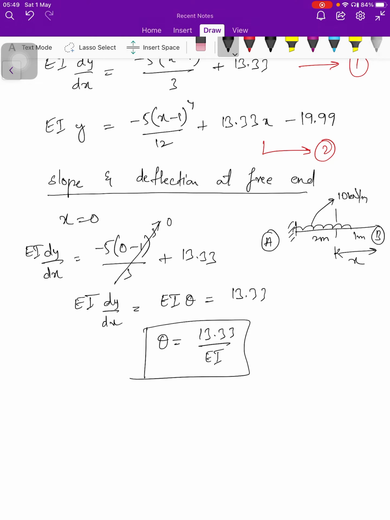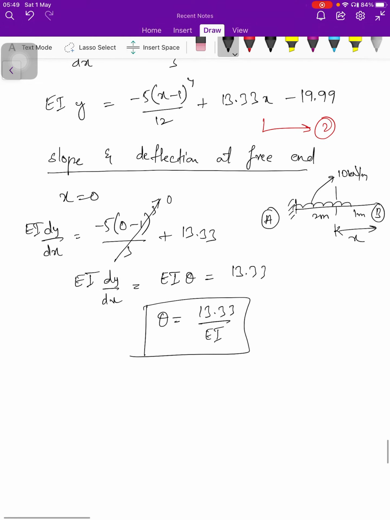Similarly, deflection at the free end, again x equal to 0, EI y is equal to minus 5 into (0 minus 1) whole power 4 by 12 plus 13.33 into x minus 19.99.